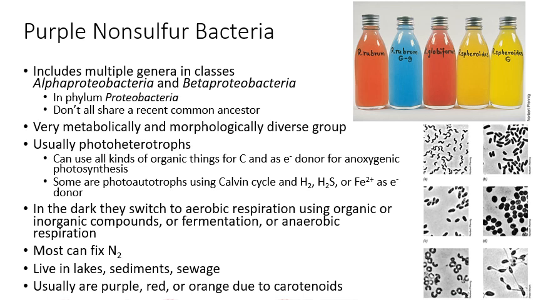They like to live in the water. You'll find them in lakes, usually close to the bottom in the sediments. They also live in sewage, and usually they are purple, red, or orange due to their carotenoid pigments, although in the picture you can see that none of these are actually purple. The blue one here and then the very yellow one on the end, those are both mutants, so they're missing some of their carotenoid pigments.